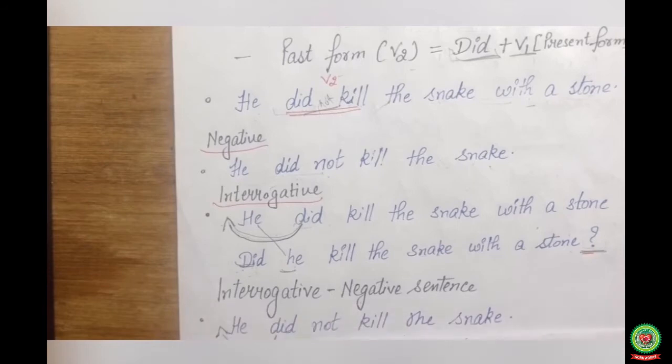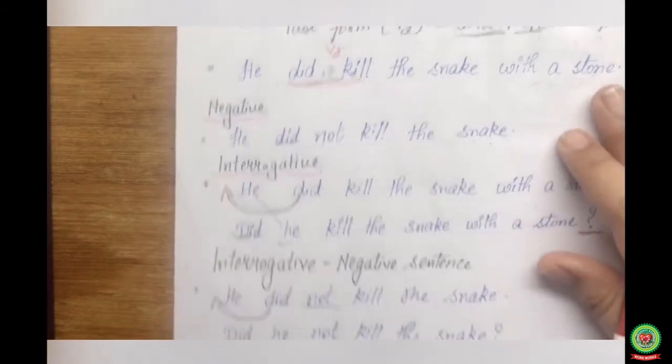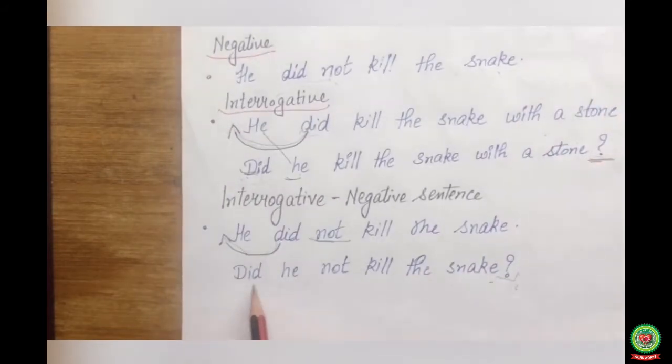See, negative sentence, he did not kill the snake. This was your sentence. Now what you have to do, you just have to take this did out of the sentence. Your not will remain at the same place. See, children, your answer will be, did he not kill the snake?